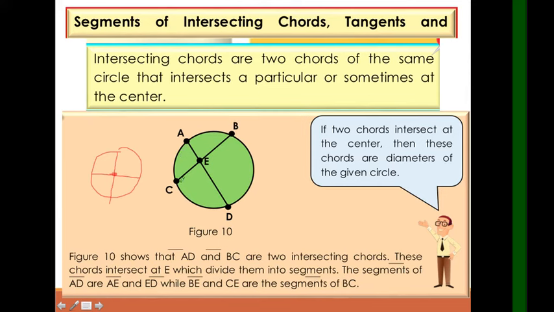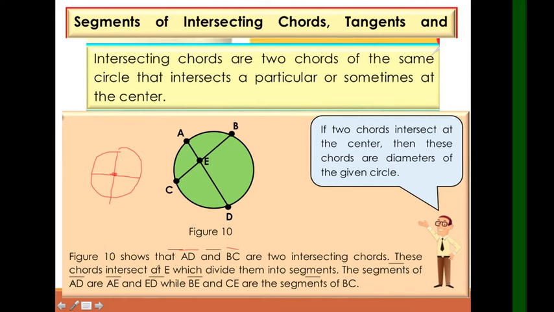But in this point, wala tayo sa center, okay? So, figure 10 shows that line segment AD and line segment BC are two intersecting chords.